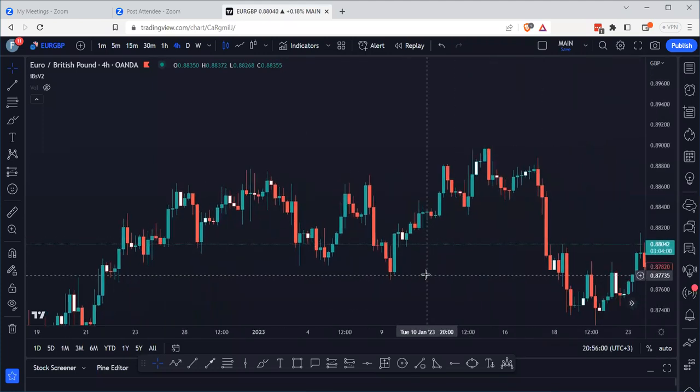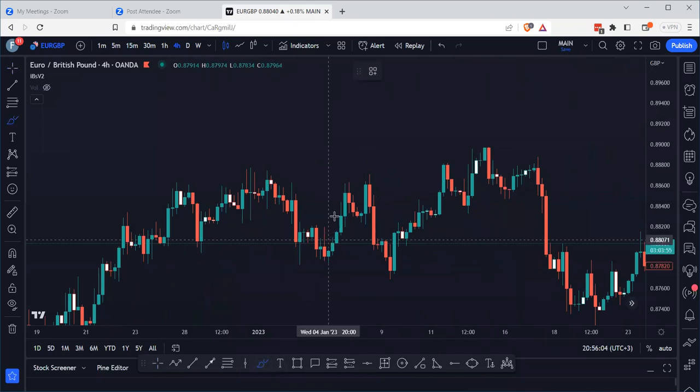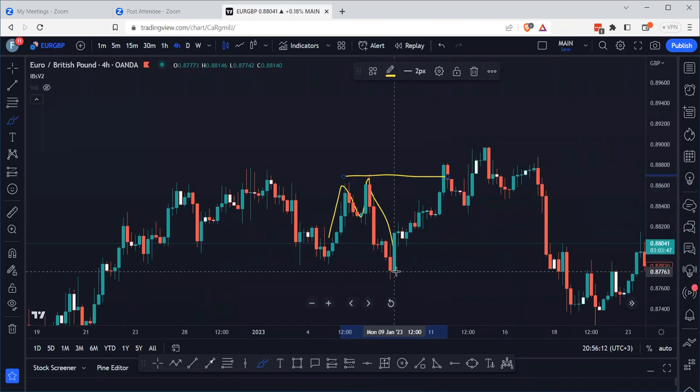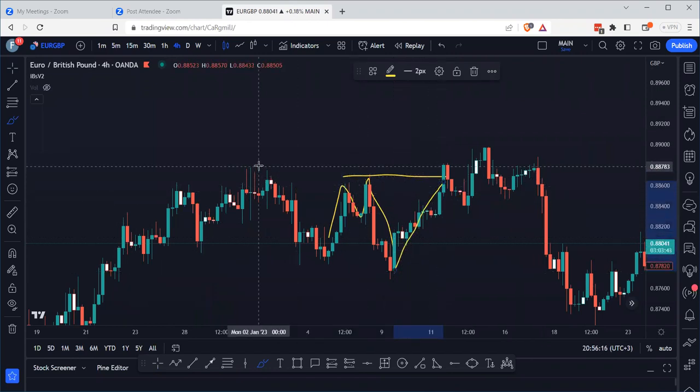So there's another example. Check out this high, for example. People's stop losses will be here. This is the resistance zone. When price comes back here, people will be looking to sell in this zone, this cluster resistance.